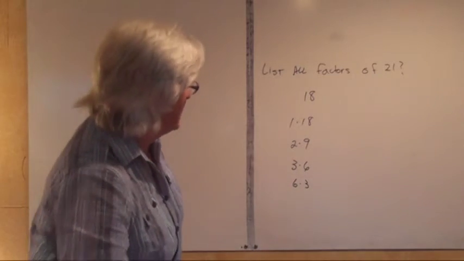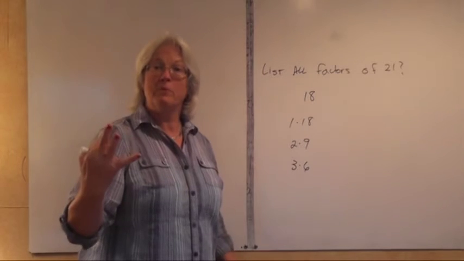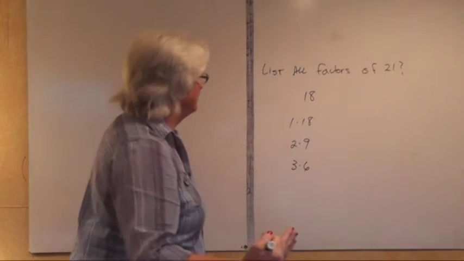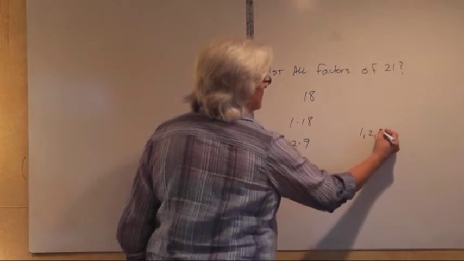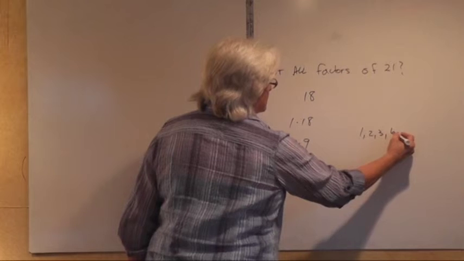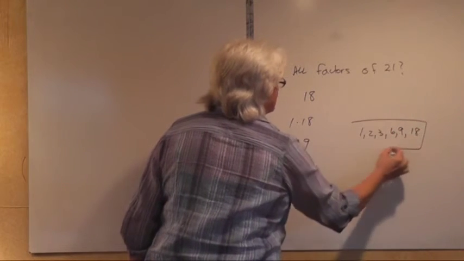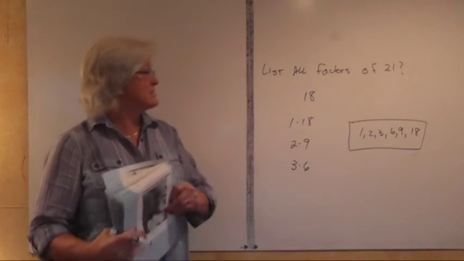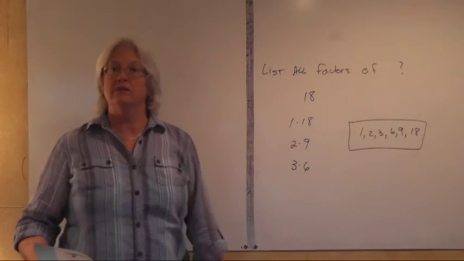Remember that multiplication is commutative. So we have 3 pairs of factors that we can multiply together to arrive at 18. We would list them in order: 1, 2, 3, 6, 9, 18. And that would be how we would list all of the factors of 18.